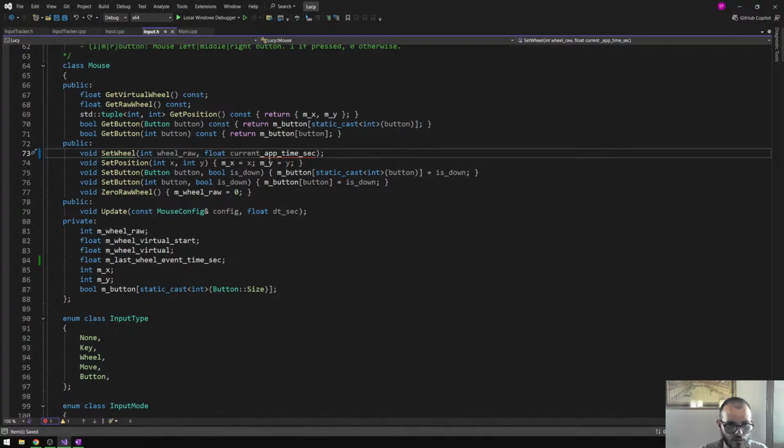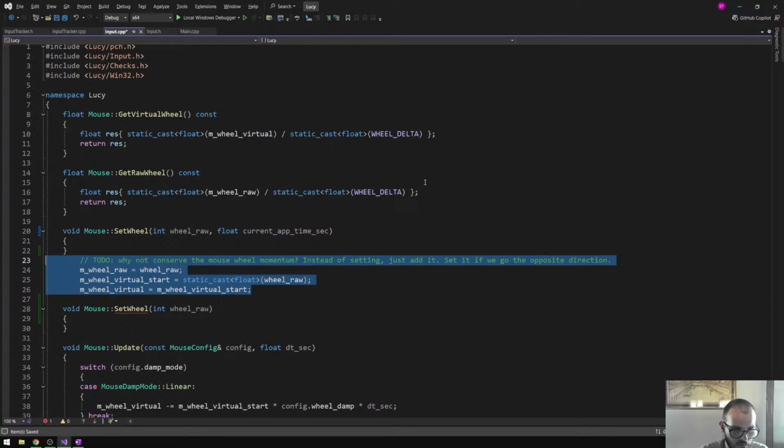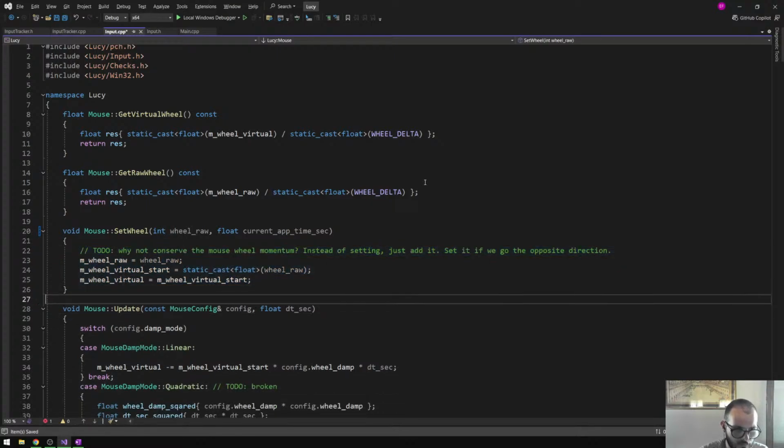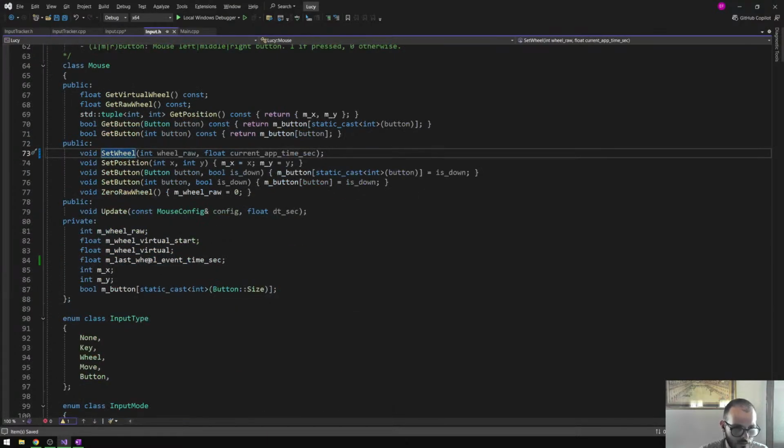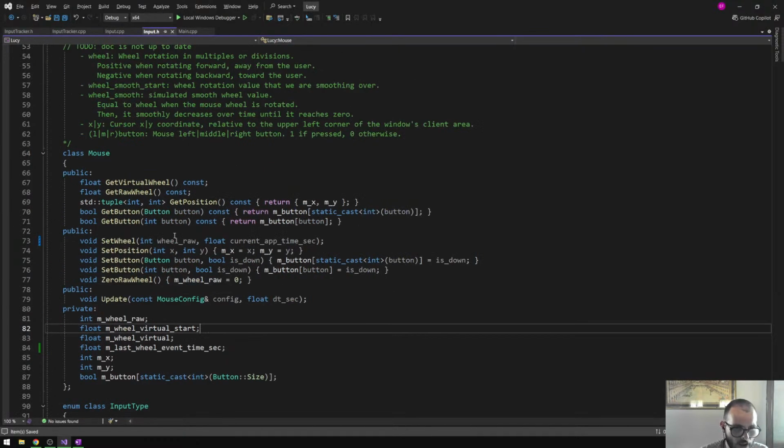Current time in seconds. Okay, obviously we put it right here. We do something like this, and with virtual good. Now when we do the update, we don't pass the delta time in seconds. We pass the current uptime in seconds.